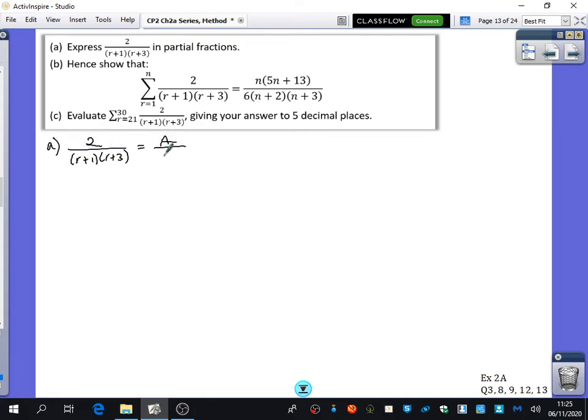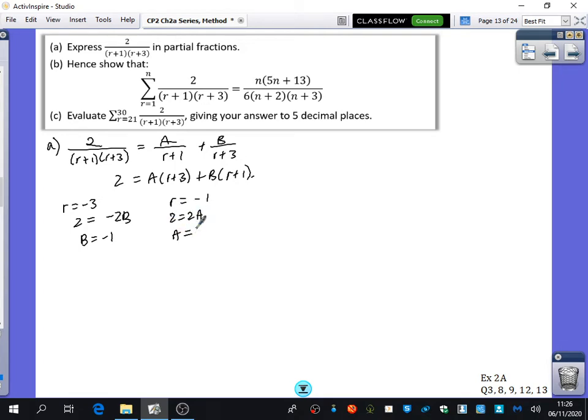So it's going to be a over r plus 1 plus b over r plus 3. So 2 is a(r plus 3) plus b(r plus 1). Well, if r is minus 3, 2 is equal to minus 2b. So b is minus 1. And if r is minus 1, then 2 is equal to 2a. So a is equal to 1.